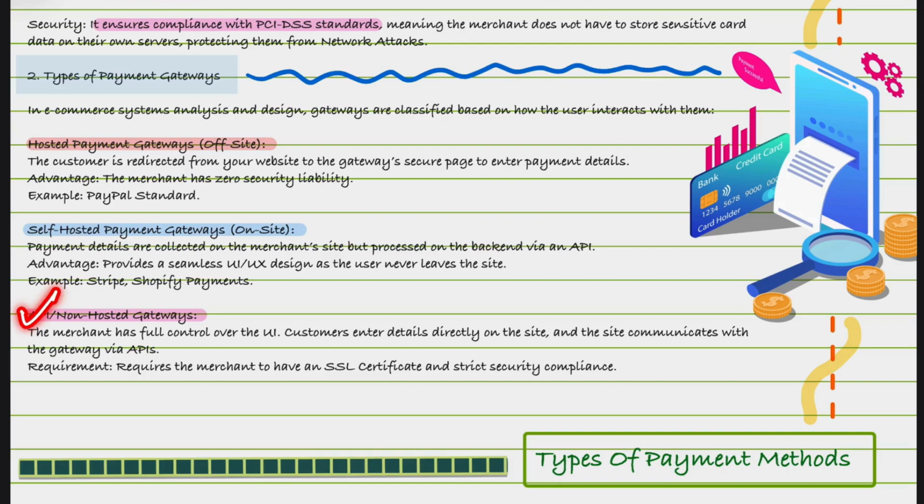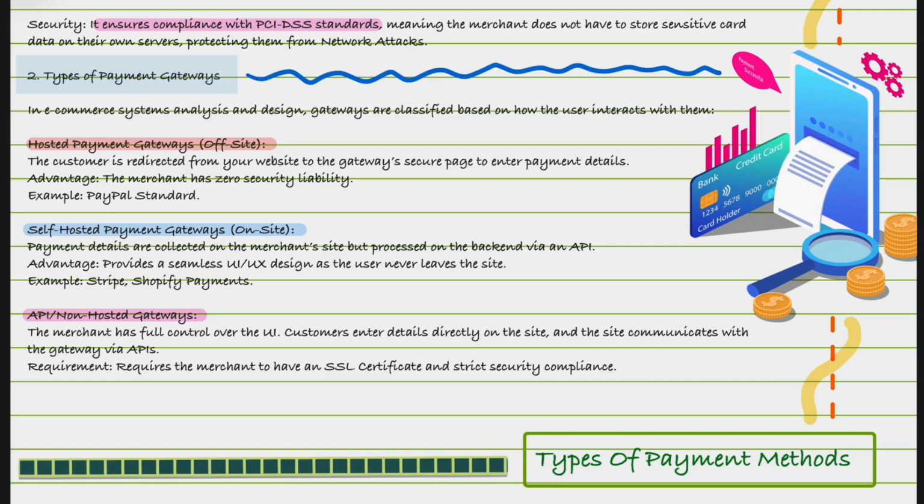Then comes the API or non-hosted gateway. The merchant builds and controls the entire user interface from scratch in this type of payment gateway. The customers input data directly into the custom platform field and the site communicates directly with the banking API.